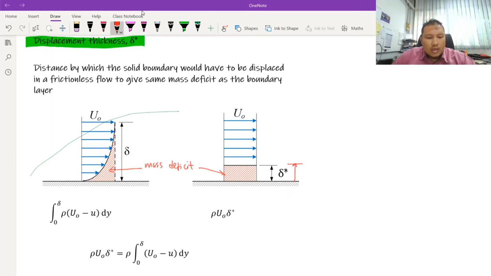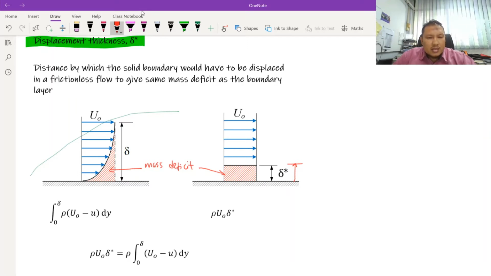So now the area here is also the mass deficit. We can see the mass deficit in the region here, where we have a lower velocity due to the presence of the boundary layer. So we need to increase the boundary layer thickness here in order to get the same amount, delta star.